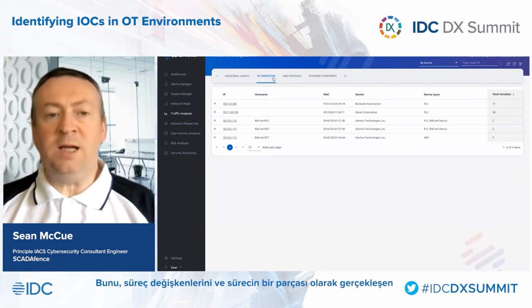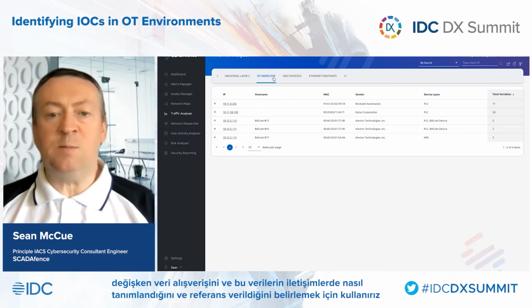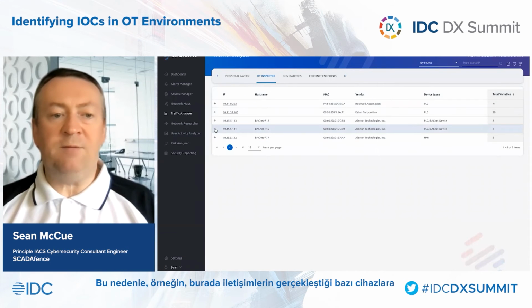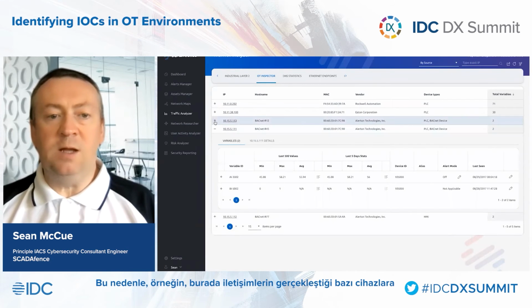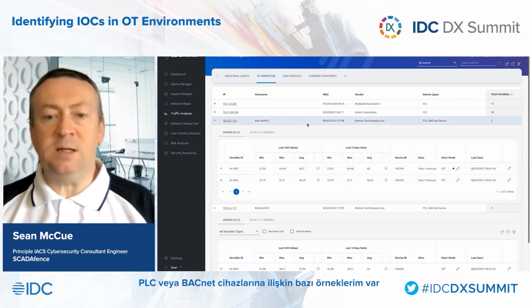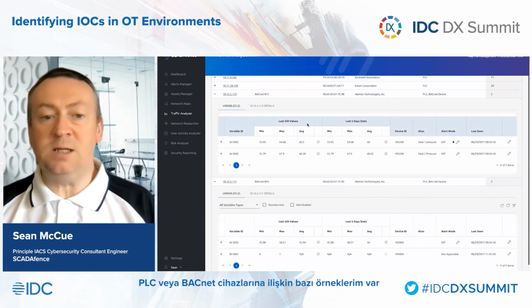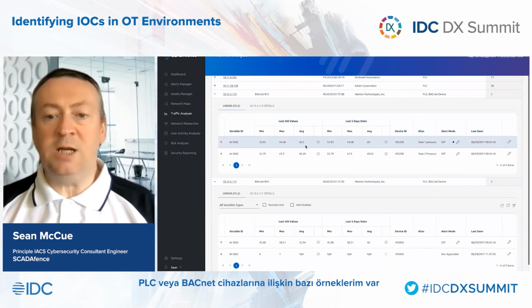we identify process variables and the exchange of the variable data that's taking place as part of the process, and how that data is identified and referenced in the communications. So for example, I have here some examples of devices, PLC or BACnet devices, that have some communications taking place.